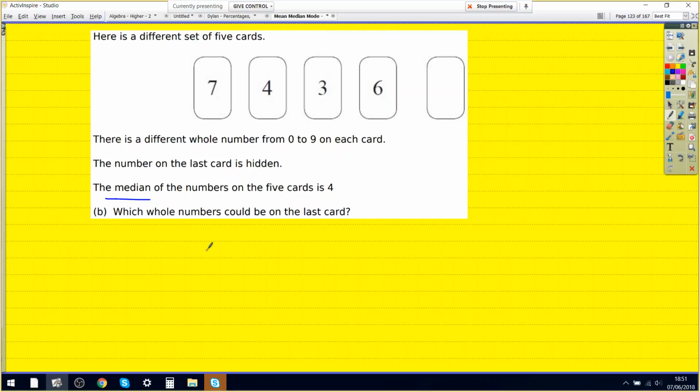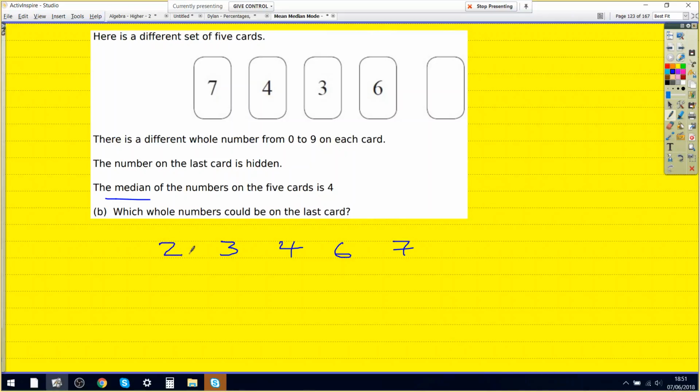So how do you find the median of numbers? You put them all in a row and get the middle number? Yeah. So from smallest to biggest, 3, 4, 6, 7, and so we need one more number so that 4 is in the middle. 2.